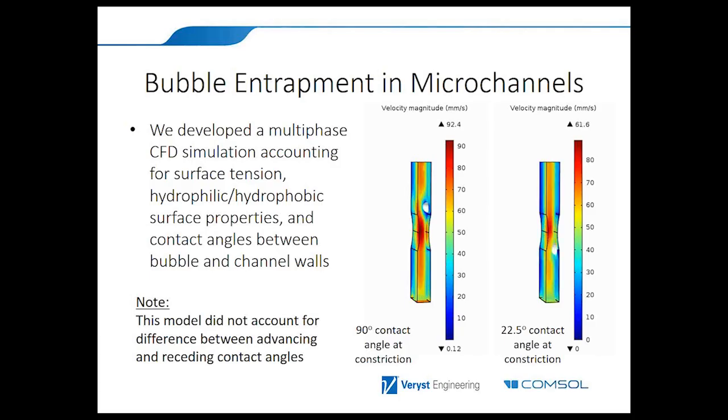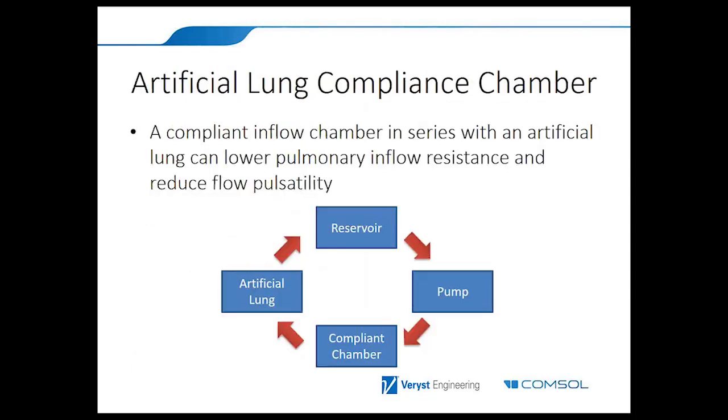So the fourth example is the artificial lung compliance chamber. Basically, if you have an artificial lung connected to a pump, it's better in some cases to have a compliant chamber between them, and that lowers the inflow resistance and reduces flow pulsatility originating at the pump. So we developed this idealized model based on the paper that you see referenced here.